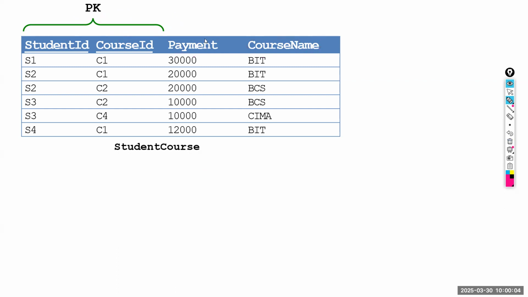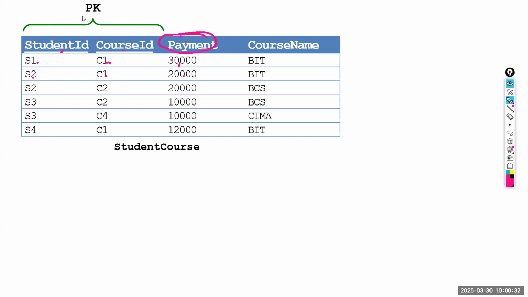So how do you explain this payment? Then you know the answer. What is this payment? This payment is by a particular student for a particular course. This 30,000 is student 1 for course 1. This is student 2 for course 1, 20,000. Student 2 has paid another 20,000 for course 2. So therefore, this is by a particular student for a particular course.